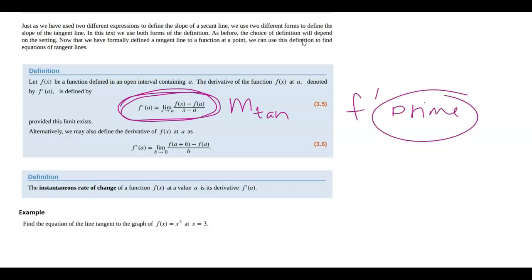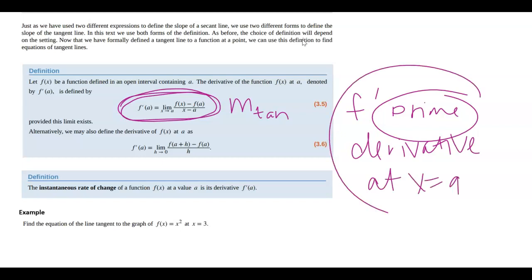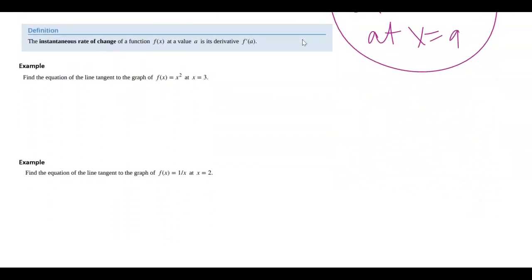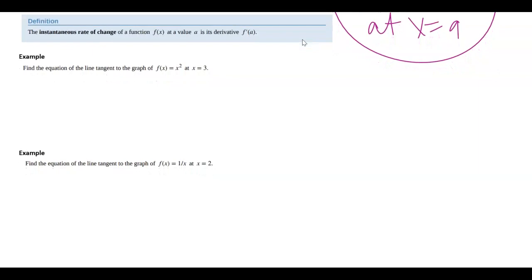F prime is the same thing as the derivative at x equals a, and all of these things are the same thing as the slope of the tangent line. This is also known as the instantaneous rate of change, where a secant line would find you the average rate of change, a tangent line finds you the instantaneous rate of change. So that's what the derivative is going to find us.